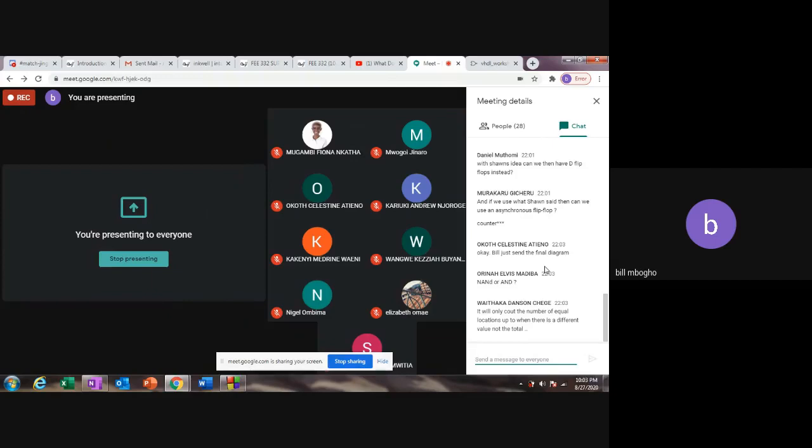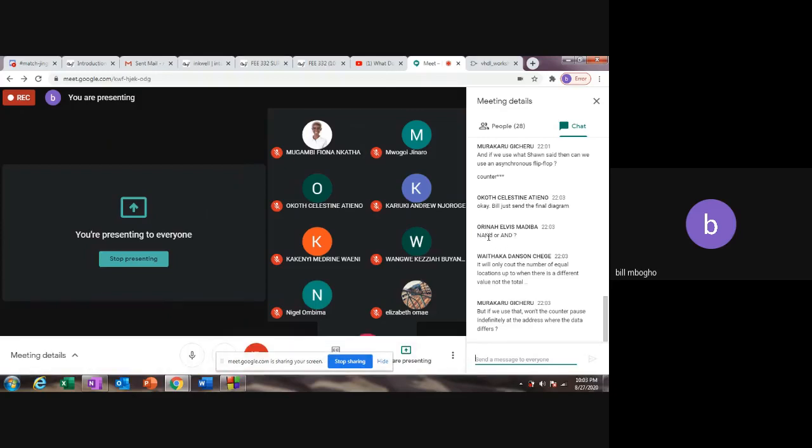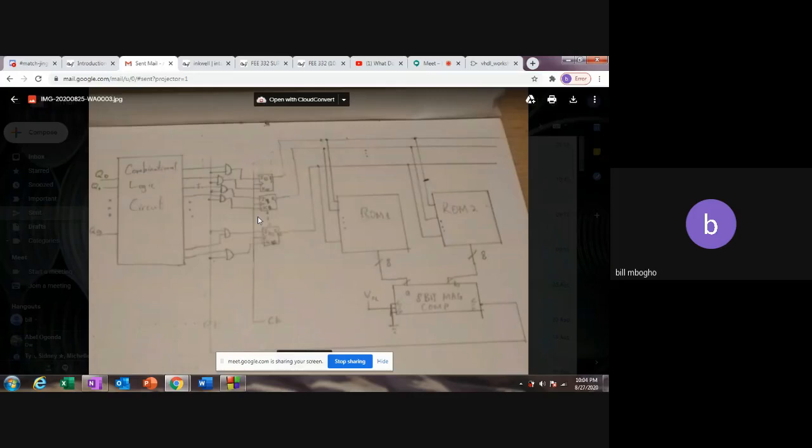Final diagram. Okay, Sean, maybe you can send the final diagram. Elvis is asking, is it NAND or AND? It depends on your counter.